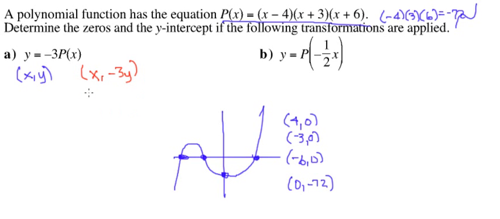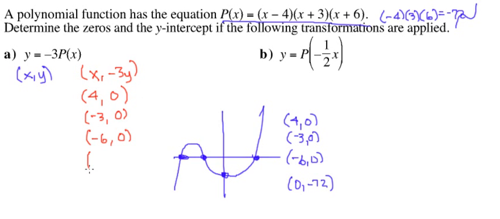If we originally had (4, 0), well, we keep the 4, and we do -3 times 0. That's kind of boring. If we do (-3, 0), same thing happens again. If we do (-6, 0), this is becoming a bit of a trend. We keep the x-coordinate, we do 0 times -3, and nothing happens to the y-coordinate either.